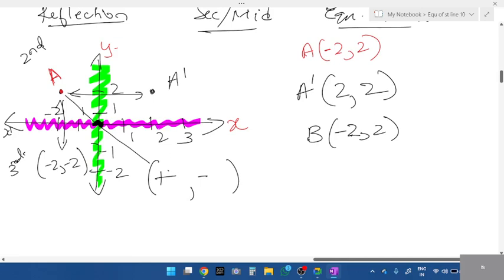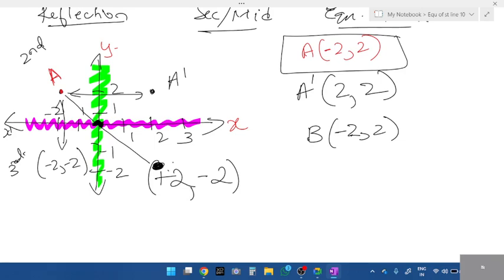Remember, whenever any object reflects in origin, just do the opposite one. -2 +2 was given, right? +2 -2. The object will fall here, this point, +2 -2. So in x-axis, y-axis, go according to quadrant, students, plus minus rule. If it is reflecting through origin, just interchange the plus sign and minus sign.